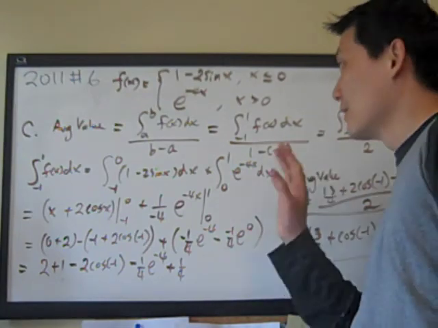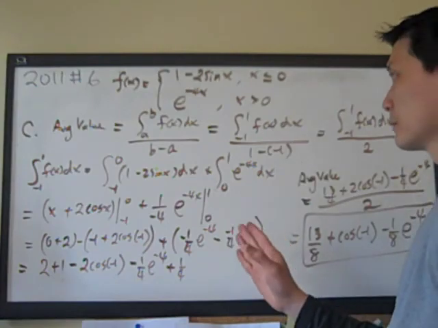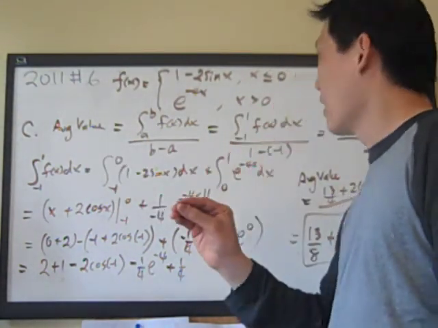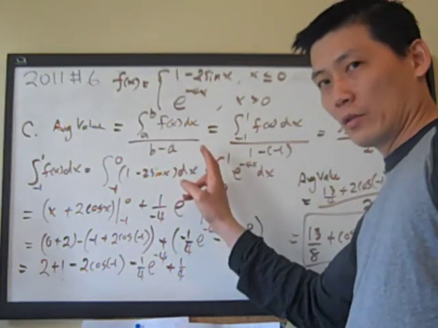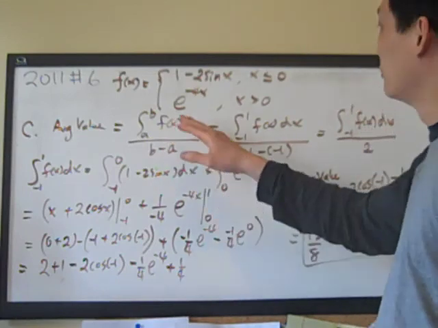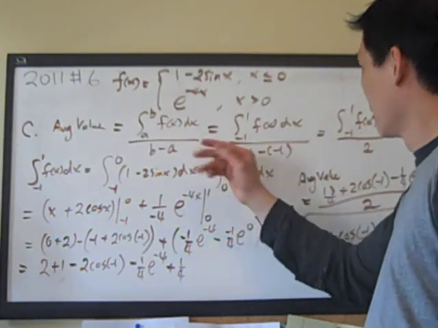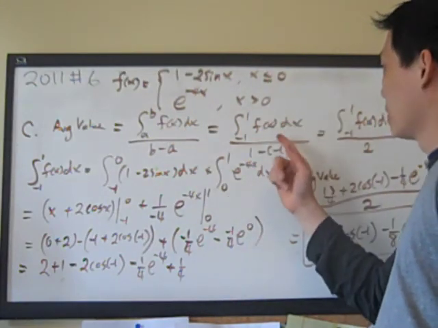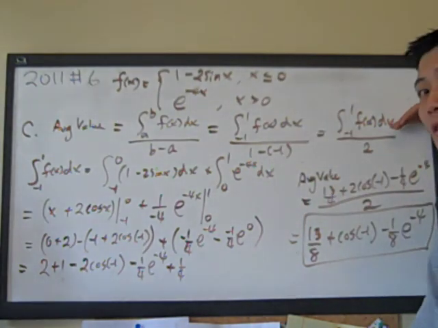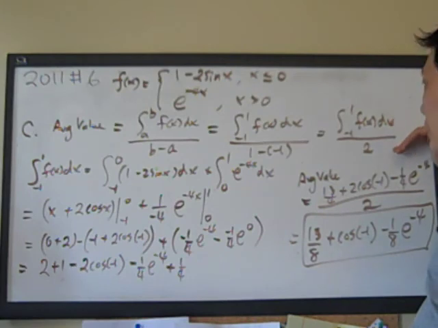Let me repeat. This problem is asking for average value. So you must have the right equation. If you know this, then you can adapt to it by using your function right here. And you notice that it is about the integral of the function divided by 2.